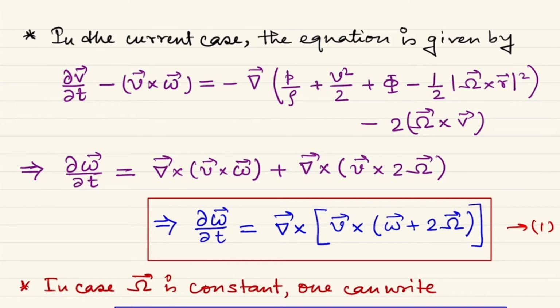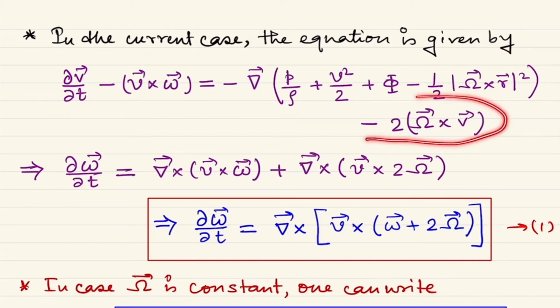And if you also remember, this is the centrifugal acceleration term, which can be written in gradient form as well, minus gradient of half ω², so minus gradient of minus half (ω cross r) whole squared.